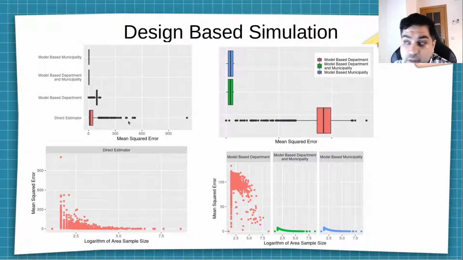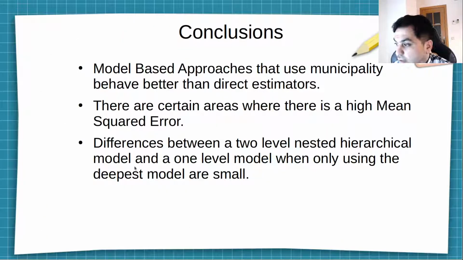So specification in the model is very important. But for models that use municipality, this again is the same graph without this effect. It's very similar. And we can see here that all effects lower in themselves as the sample size goes up.